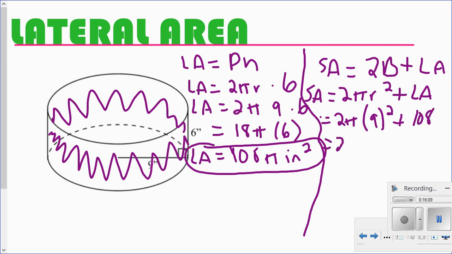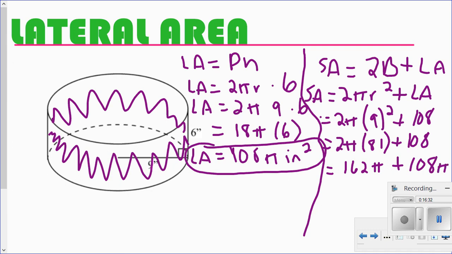Well, 2 times pi, 9 squared is 81, so 81 doubled is 162 pi plus 108 pi. Oops, I forgot my pi there.